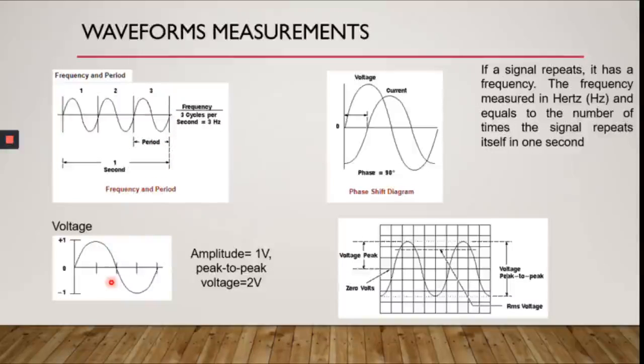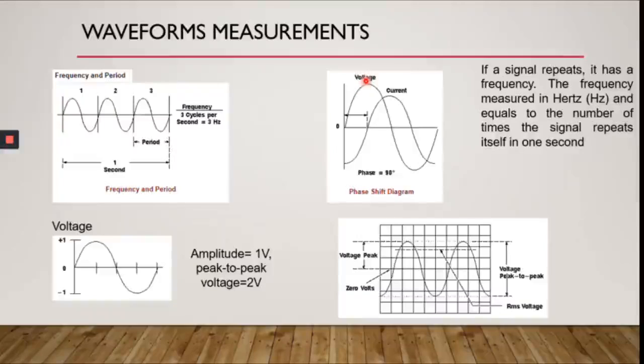For the voltage, I think you are already familiar with this. So if we have a voltage like this, the amplitude refers to from 0 to the peak of the voltage, which is 1 volt, and the peak to peak is from the top to bottom. Okay, so remember this term, amplitude. And then we can also use it to measure phase shift.